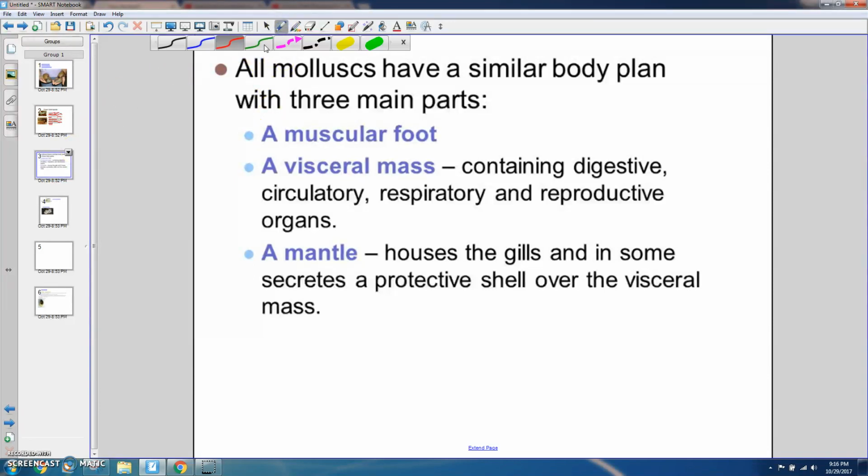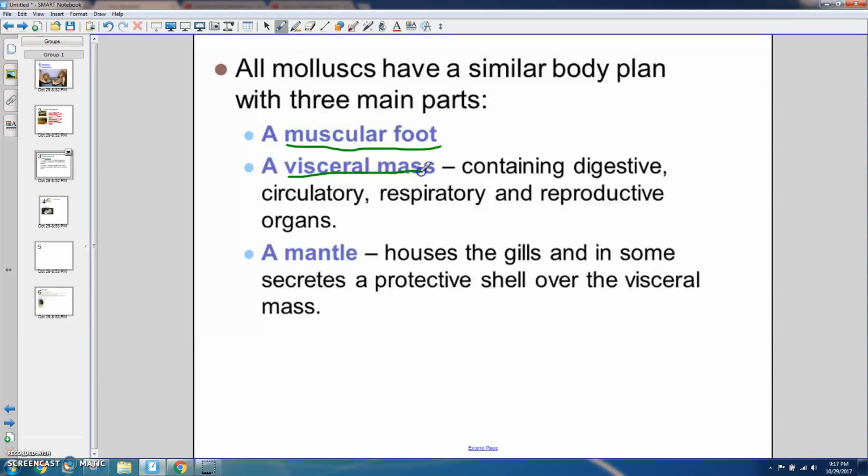they have these three things. They all have a muscular foot, and this muscular foot doesn't necessarily have to look exactly like what we would think a snail foot to be. There's a variety of modifications to this particular part, as we see across the entire phylum.